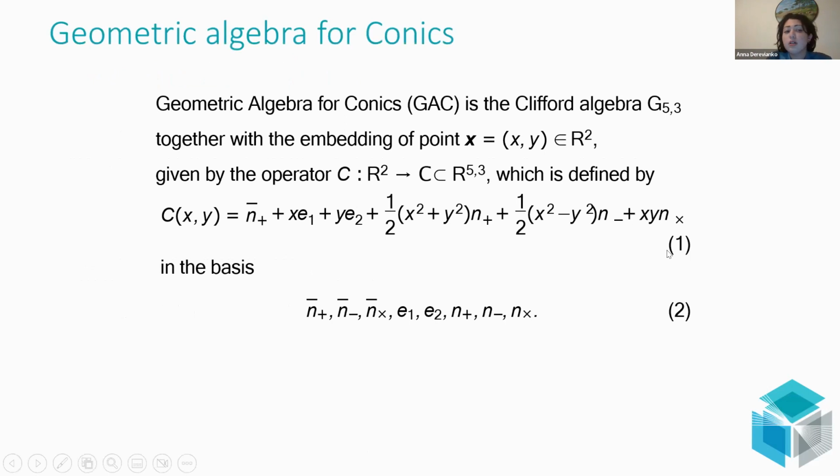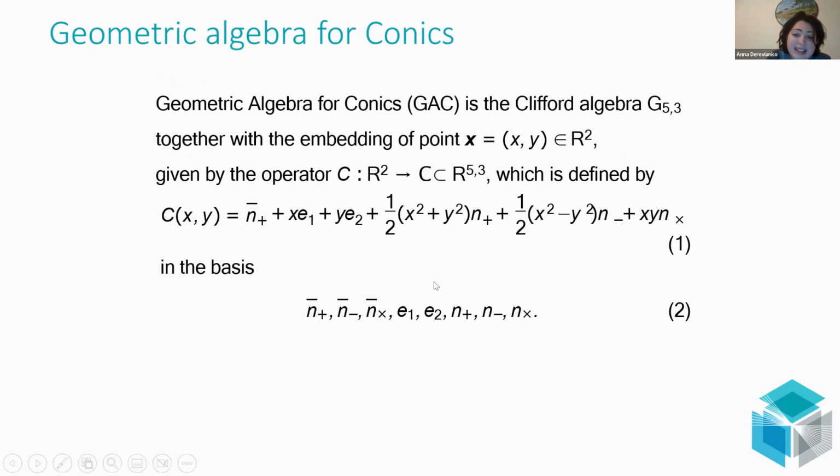A bit of geometric algebra for conics would not be extra, because it is a Clifford algebra with signature 5,3. So we get the embedding of the point from the real space by the embedding operator, and we get our conformal basis.